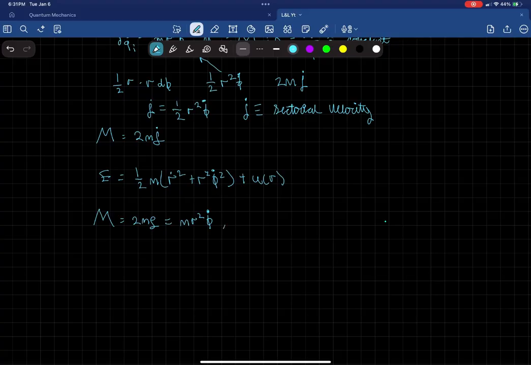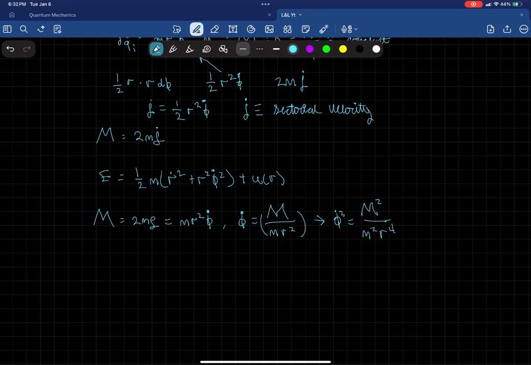So phi dot will just be equal to big M over m r squared. Squaring them both, we get that phi dot squared is equal to big M squared over m squared r to the fourth.